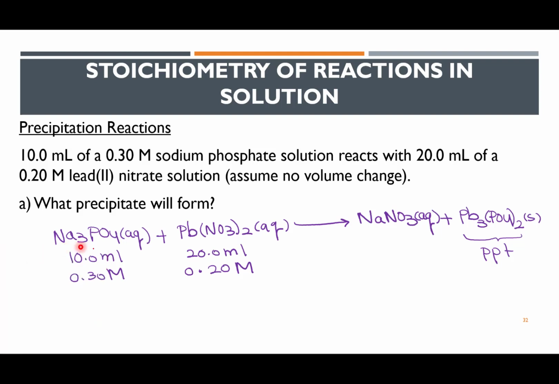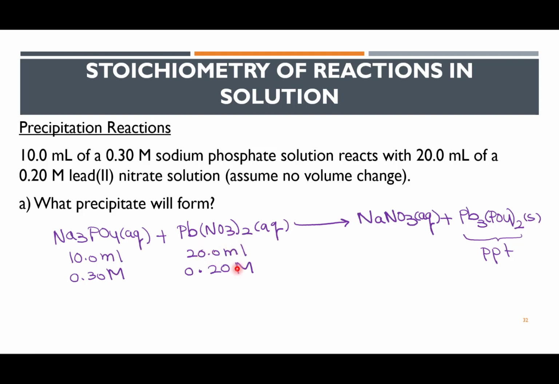Let's do sodium phosphate first. You convert the concentration and volume of sodium phosphate to moles of sodium phosphate, then to moles of the precipitate, and then to the mass of the precipitate. Also, you're going to do the same thing with lead(II) nitrate.